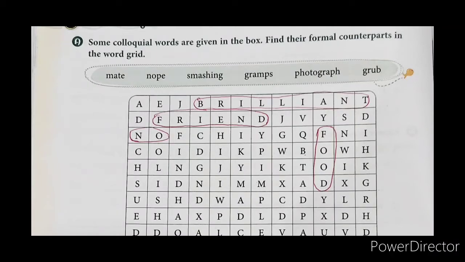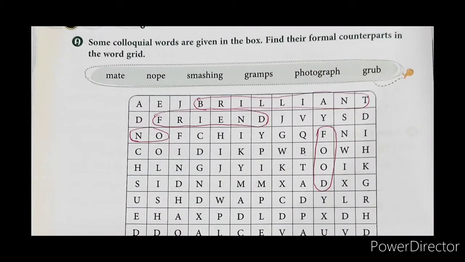Brilliant or grand we can say. So smashing, S-M-A-S-H-I-N-G, means brilliant.